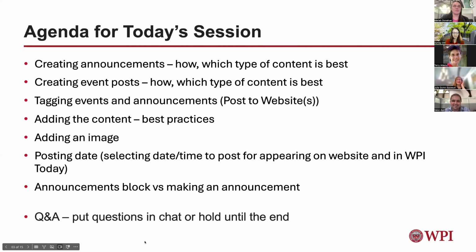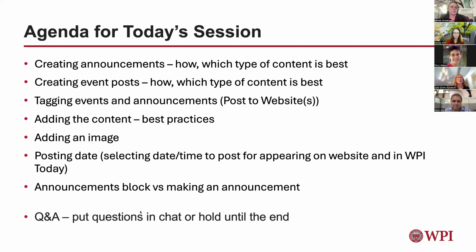All right. Well, thank you guys for attending today. And as Mariah said, we have a very small group, so questions are welcome and we can go over a lot in detail. We're focusing today on announcements and event posts: what's the difference between the two of them, what type of content is best for each one, and how to get those posted correctly so that they appear on different web pages and in different areas so that the community knows about your announcements and your events.